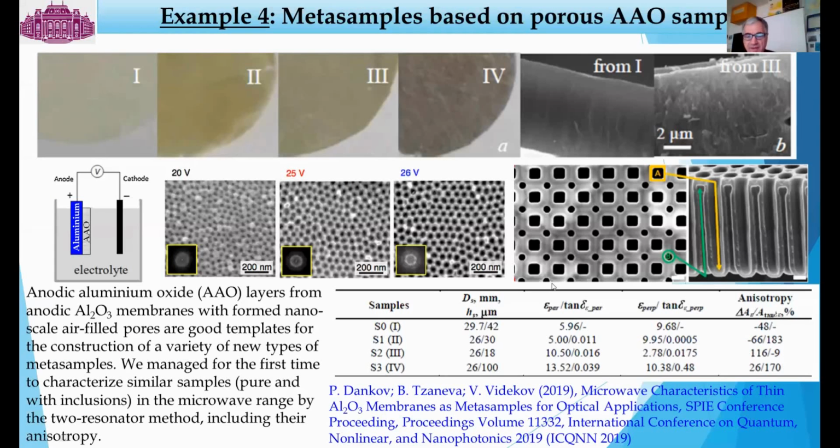Next example, very shortly, for porous anodic aluminium oxide. This is also a very popular material and a matrix for building metamaterials.